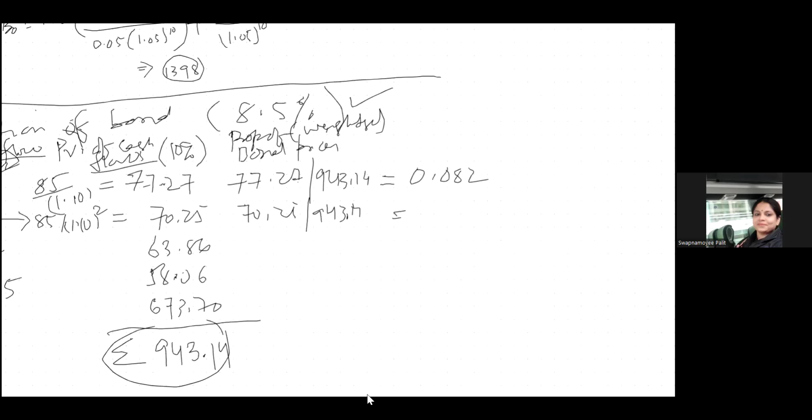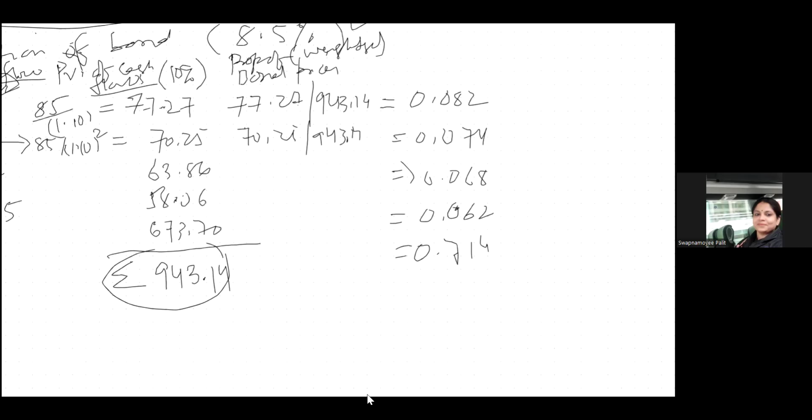This you are getting as 0.068. This you are getting as 0.062. And the last one is 0.0714. This is what you are getting. And how do you know that your calculation is correct? Because if you take the summation of this, you get it as 1.